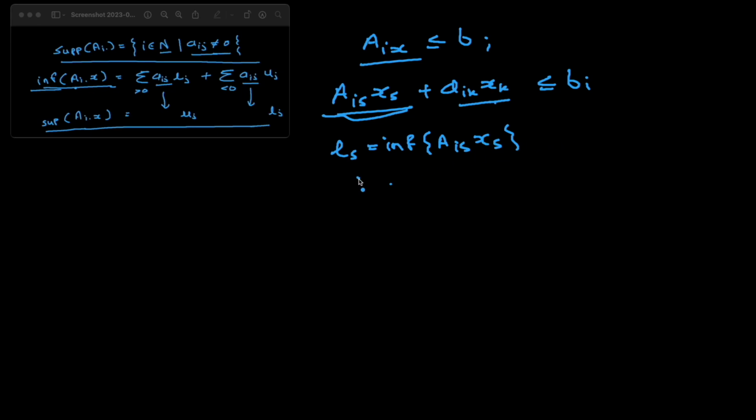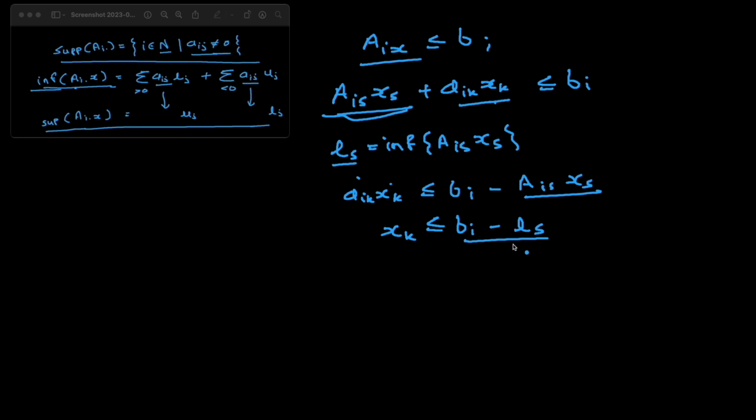So aik xk is less than or equal to bi minus ais xs, and if we replace this by its lower bound, this inequality still holds: bi minus ls, right, and then we simply divide it by aik. It's as simple as that.